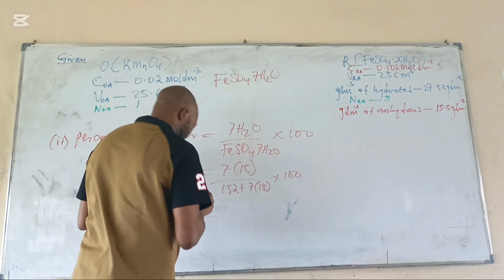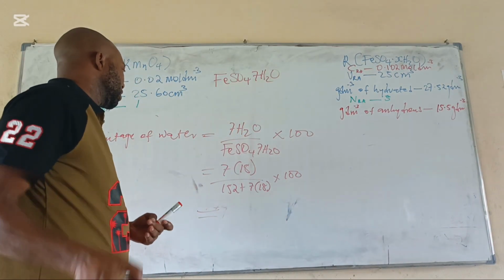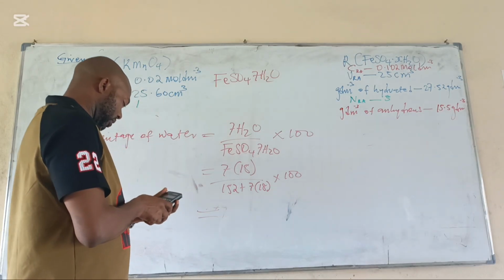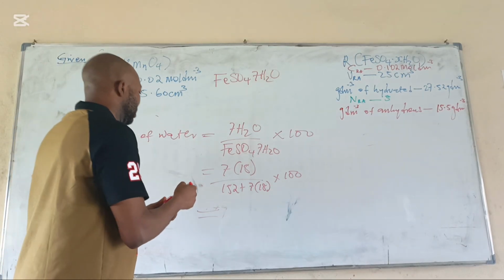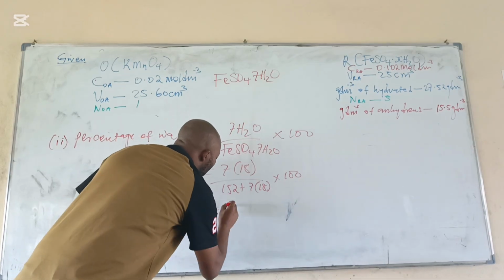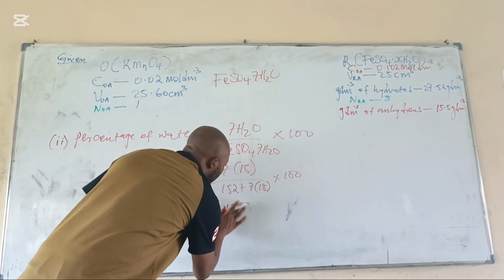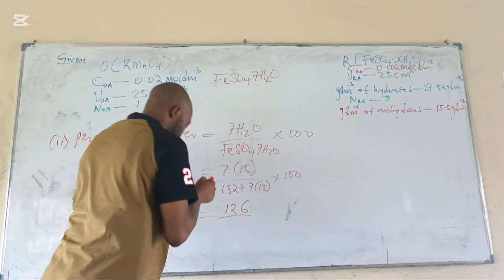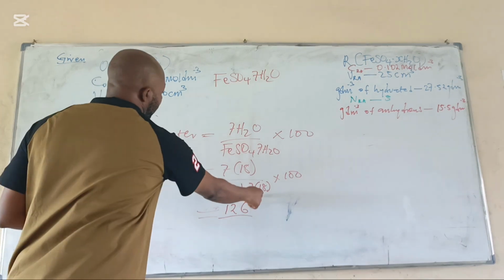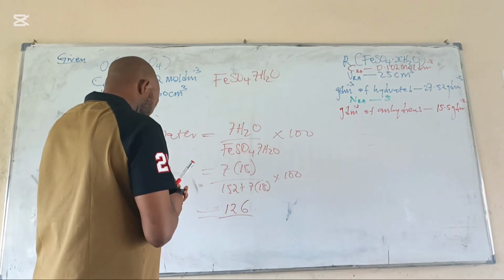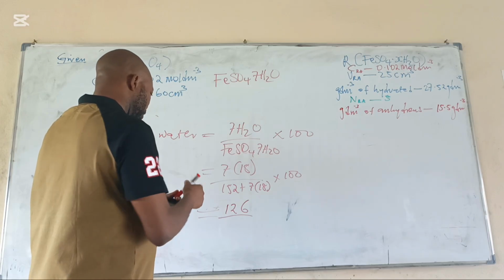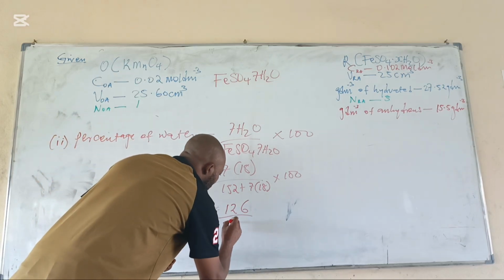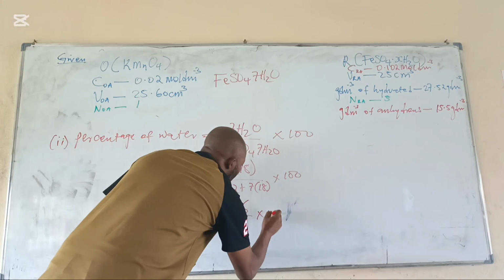And this is 7 times 18, which is 126. So now I have 126 over 126 here too plus 152, which is 278, times 100.